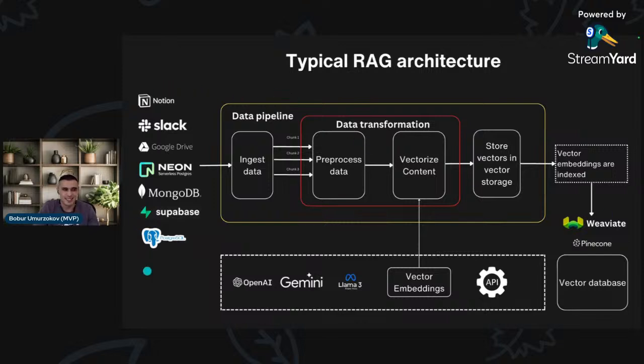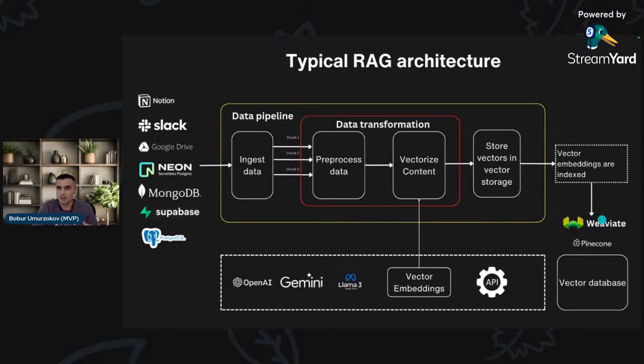As you can see on the left side, if you have some data stores, usually, as I mentioned, we need to chunk this data to make it smaller. And for every single chunk, we calculate a vector representation of the data. As you can see on the bottom, we are using an embeddings model to calculate this vector data, and as a result we store this vector representation in vector databases or vector storages.